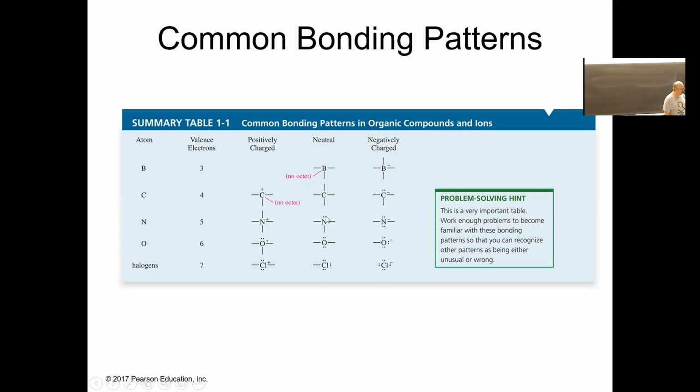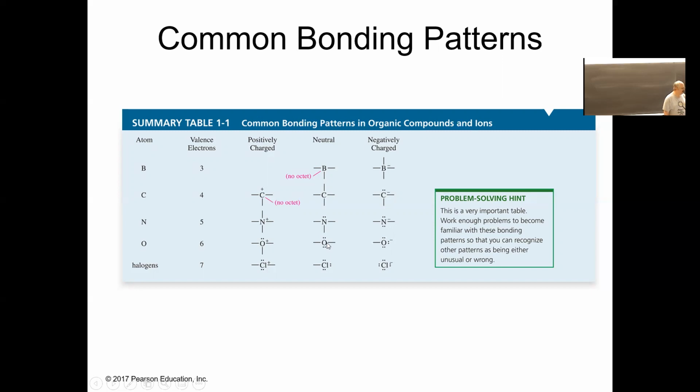If we go back to nitrogen, the ammonium ion is a familiar example, but if we go the other direction, we convert a bonding pair to a non-bonding pair. Nitrogen with 2 bonds and 2 unshared pairs would have a negative charge. All right, oxygen. A neutral oxygen has 2 bonds and 2 unshared pairs.